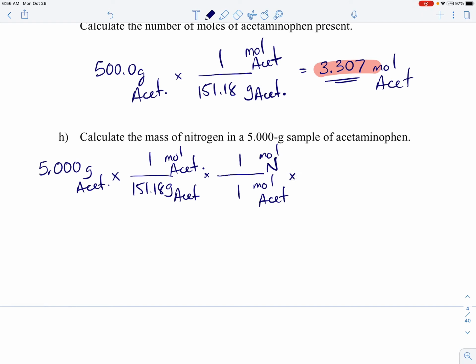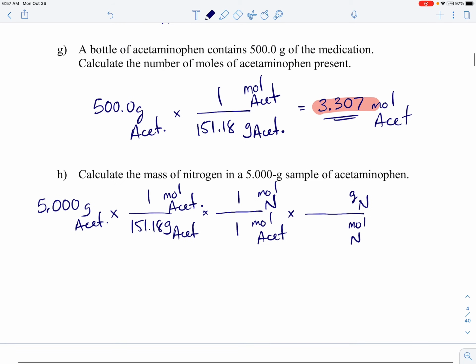Now that I have moles of nitrogen, we could use the molar mass of nitrogen to get rid of the moles and switch to grams of nitrogen, right? So a molar mass can always be used to convert moles of something to grams of that thing, or to convert grams of that thing to moles of that thing.